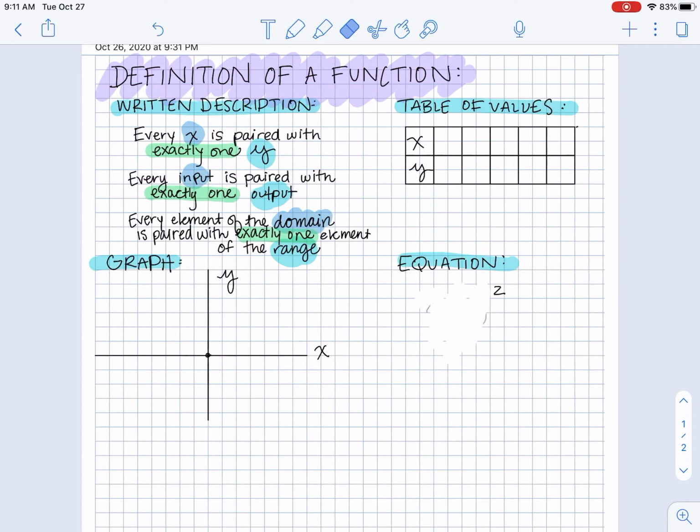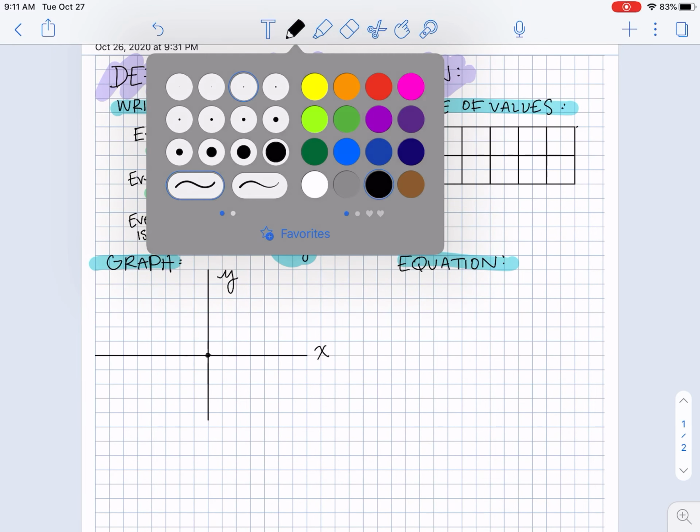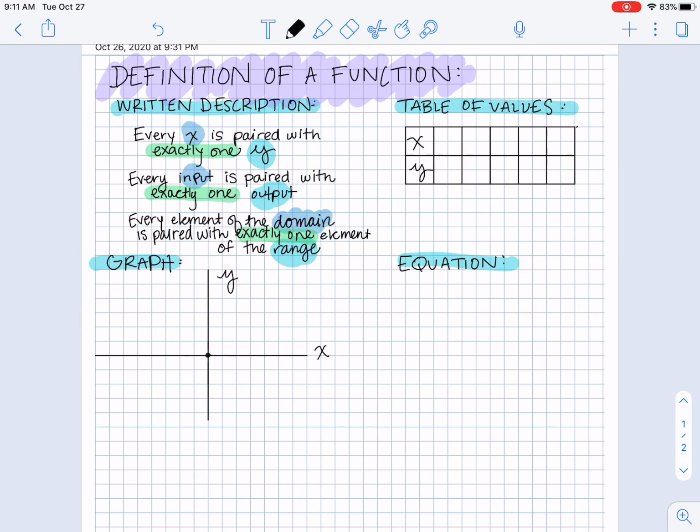Let's start with the table of values, x values 1, 2, 3, 4, 5, and y values 3, 3, 3, 3, 3. Now, I didn't even need to tell you what my y values were because you should be able to know: 1, 2, 3, 4, 5, different x values. It's okay. Here we have the constant function, y equals 3. It passes our vertical line test. We are all good.